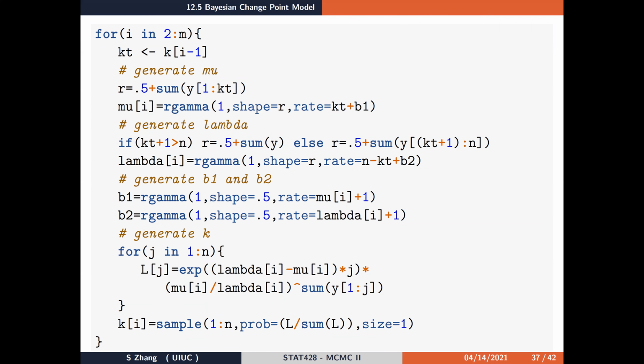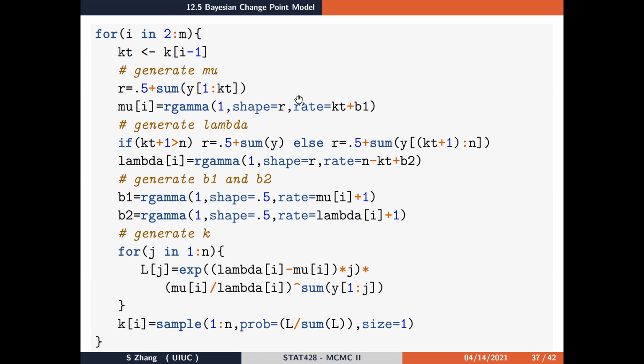At each subsequent iteration, we want to iteratively update each of the model parameters. Let's start from updating mu. We know that conditioning on the observed data and the other parameters, mu will have a gamma distribution with shape given by 0.5 plus the sum of the y's from time 1 to time kt, where kt is the last k draw.